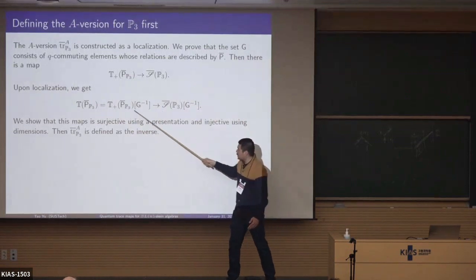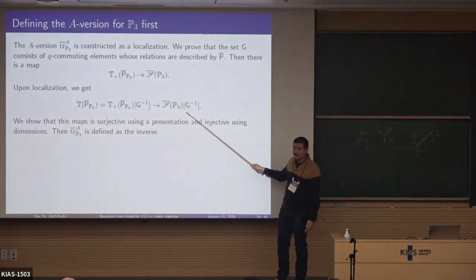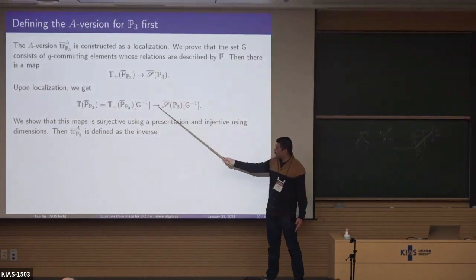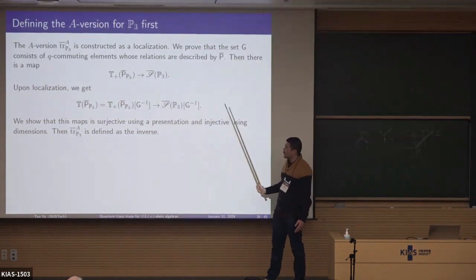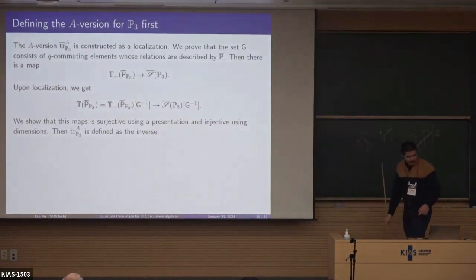We can do the localization to get a quantum torus on this side. And on this side, there's a localization of the reduced skein algebra. Now we show that this localization is an isomorphism. So we define the inverse to be the quantum trace map.